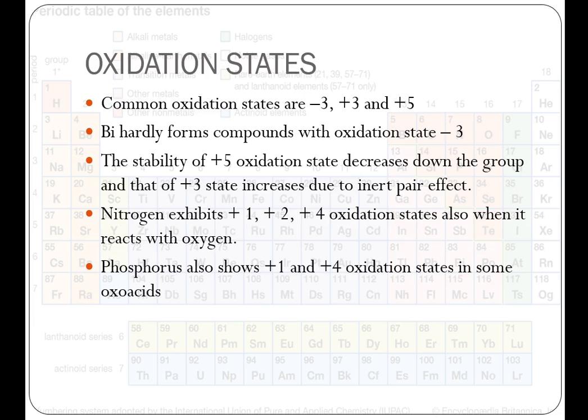Bismuth hardly forms any compound with -3 oxidation state. Stability of +5 oxidation state decreases down the group and that of +3 oxidation state increases due to inert pair effect.